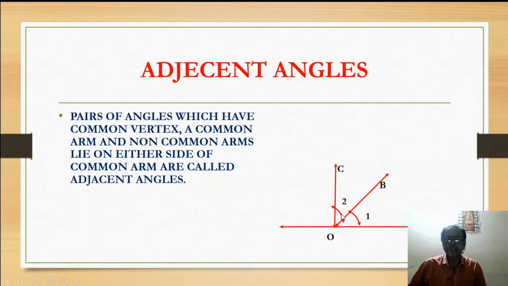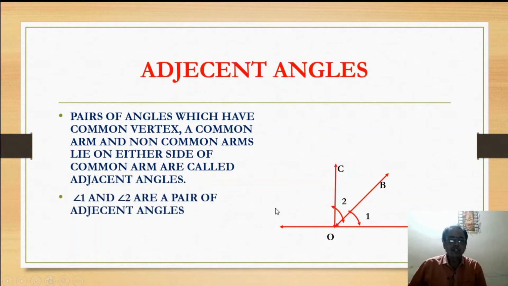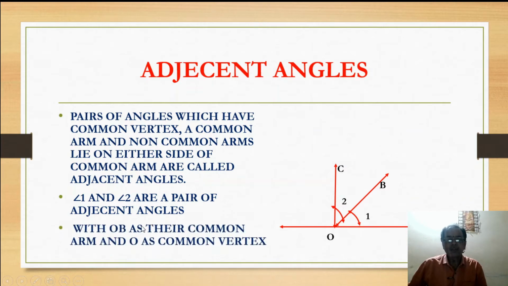Like this, angle 1 and angle 2 are adjacent angles. Here OB is the common side and O is the common vertex. That means we can write AOB and COB are adjacent angles. Angle 1 and angle 2 are a pair of adjacent angles with OB as their common arm and O as the common vertex.